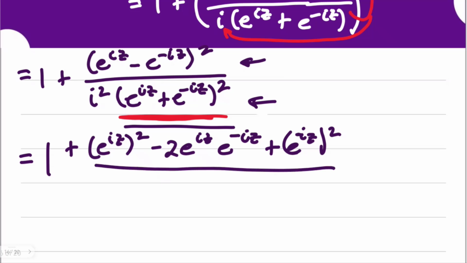All over, take note that what happens in our denominator, i squared, okay? So we know that i is equal to the square root of negative 1. So i squared must be negative 1. Hence, what will happen here is just the negative of what remains in our denominator.